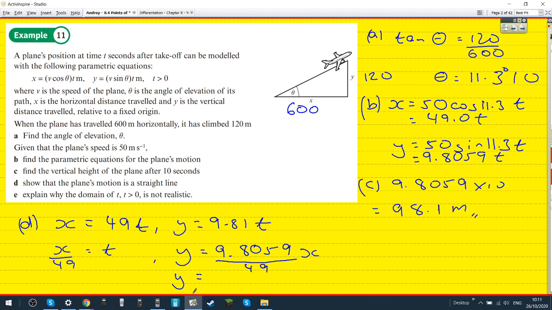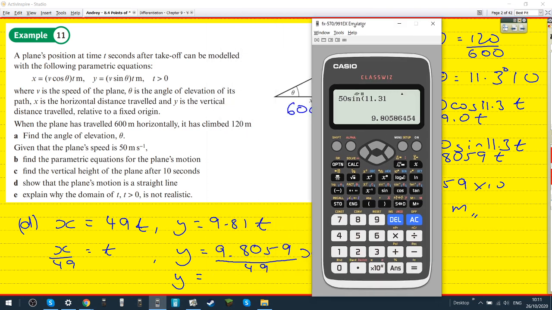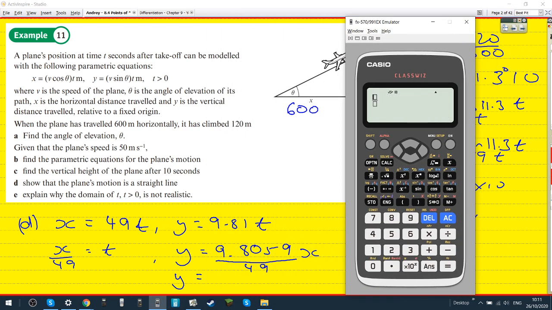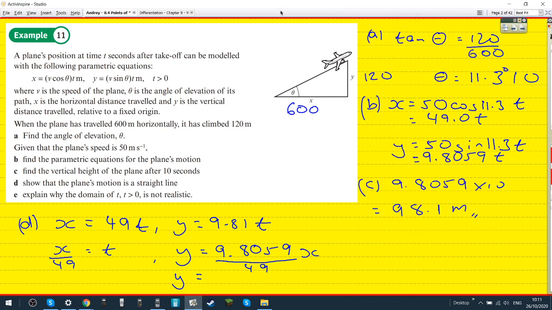I mean, it's not in the simplest form. Okay, 0.2. y equals 0.2x.